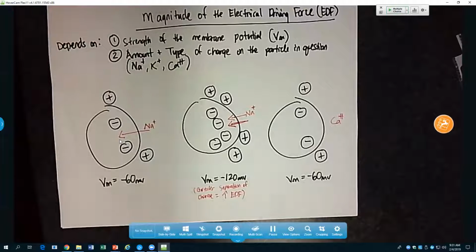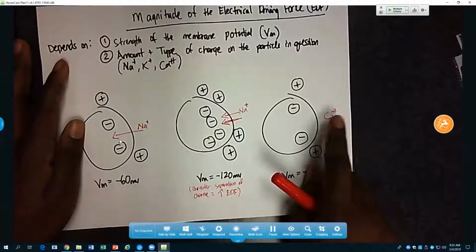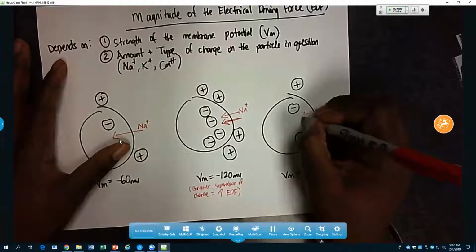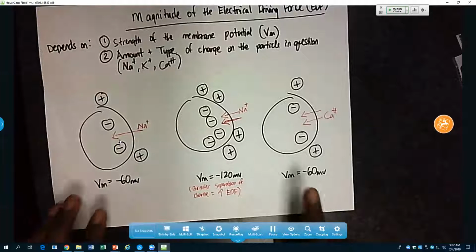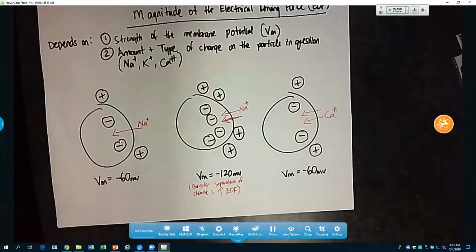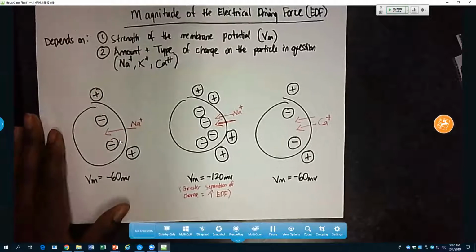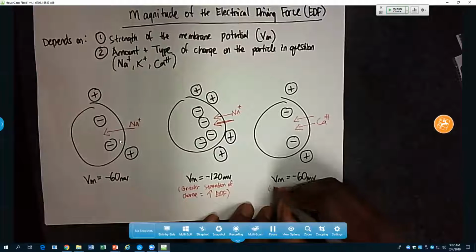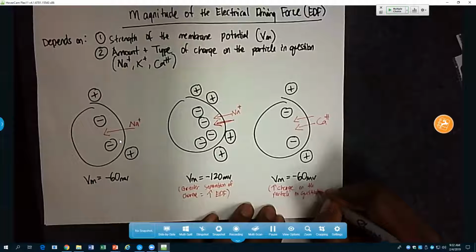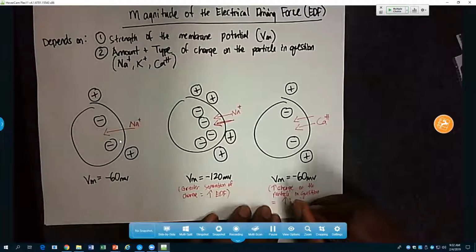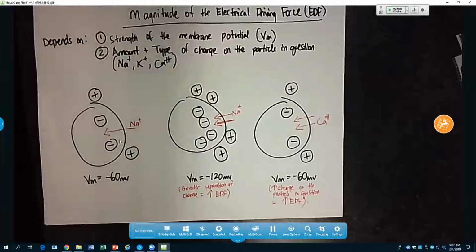We have a stronger force created in this third cell because our cation now has 2 positive charges. And so we also have a stronger electrical driving force, even though that membrane potential is the same as that first cell. Okay, so I'll say greater charge on the particle in question equals a stronger electrical driving force.